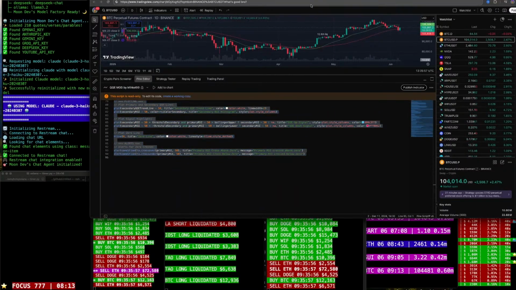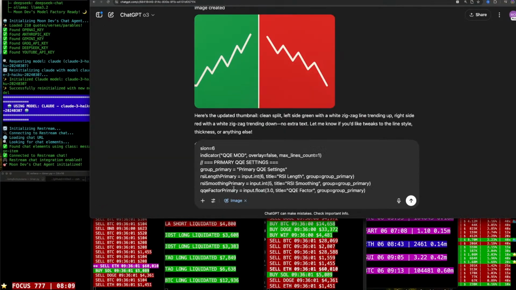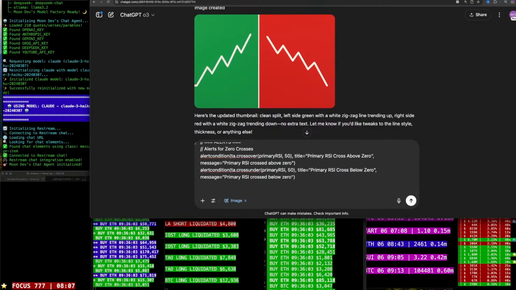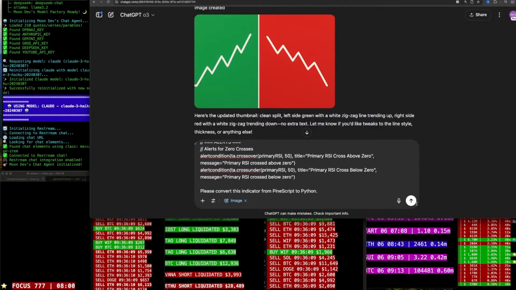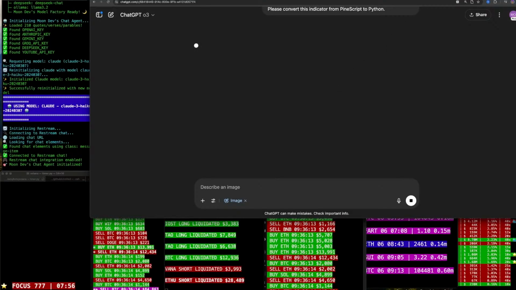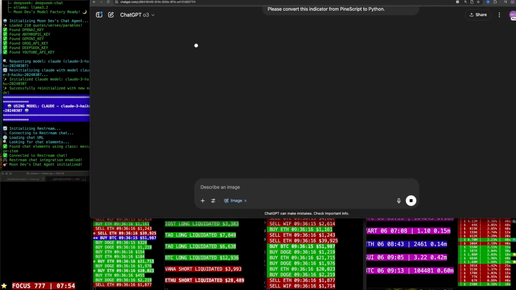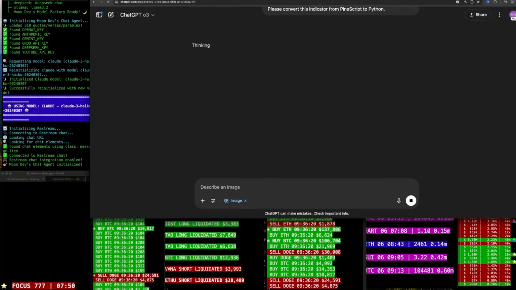I can just go here and then I'll go to ChatGPT and I'll say, hey, please convert this indicator from PineScript to Python. Python is the trading language you use. And you can literally have every single indicator from TradingView converted into Python for you.